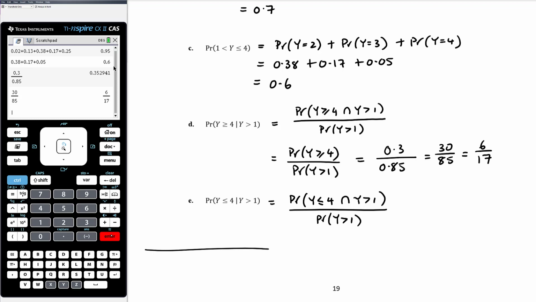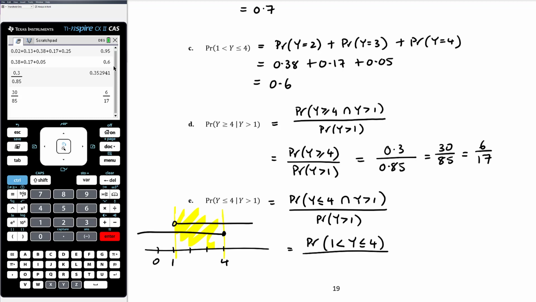Thinking about it, the intersection is this bit in here, which is going to be the probability that 1 is less than y, which is less than or equal to 4. And we have worked that out in part C already, over the probability that y is bigger than 1.